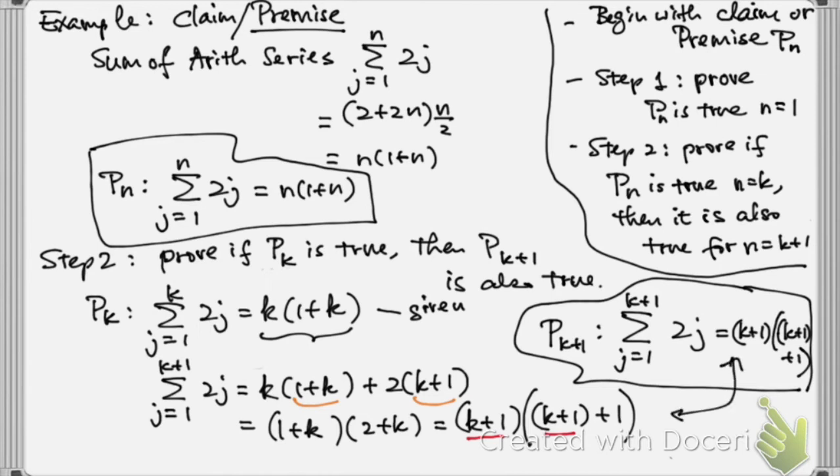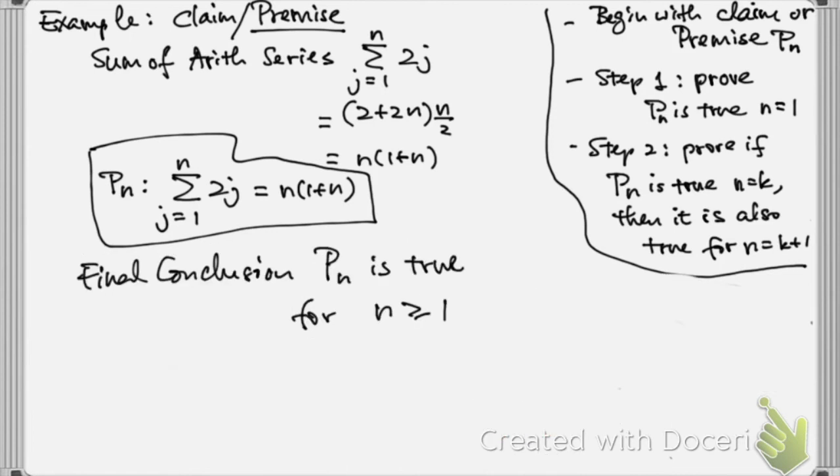So therefore, I can conclude that if p of k is true, that also implies p of k plus 1 is true. And the final conclusion is that our premise, p sub n, is true for all values of n greater than or equal to 1.